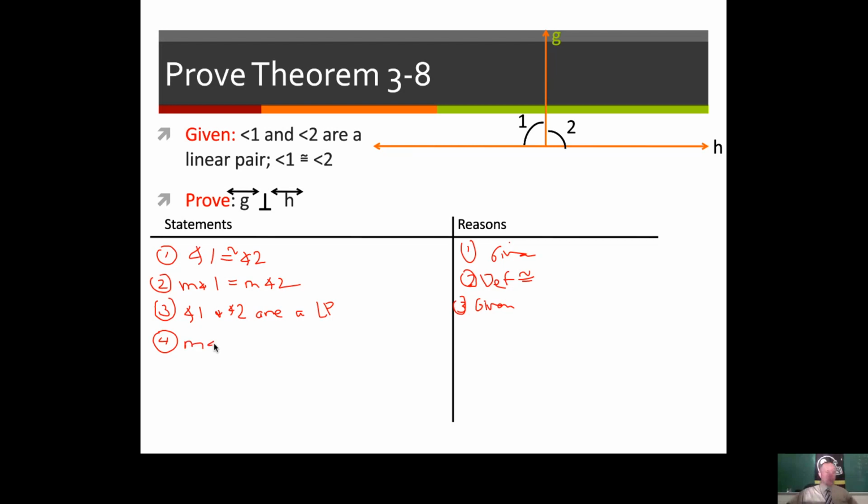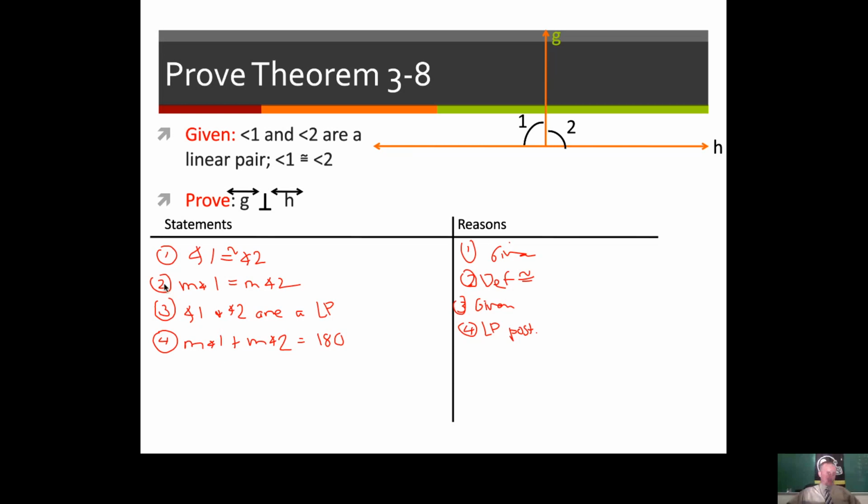Well, you're allowed to say that their measures add together to give you 180. That's your linear pair postulate. So notice what I did. I separated my given so I could focus on what each piece meant.